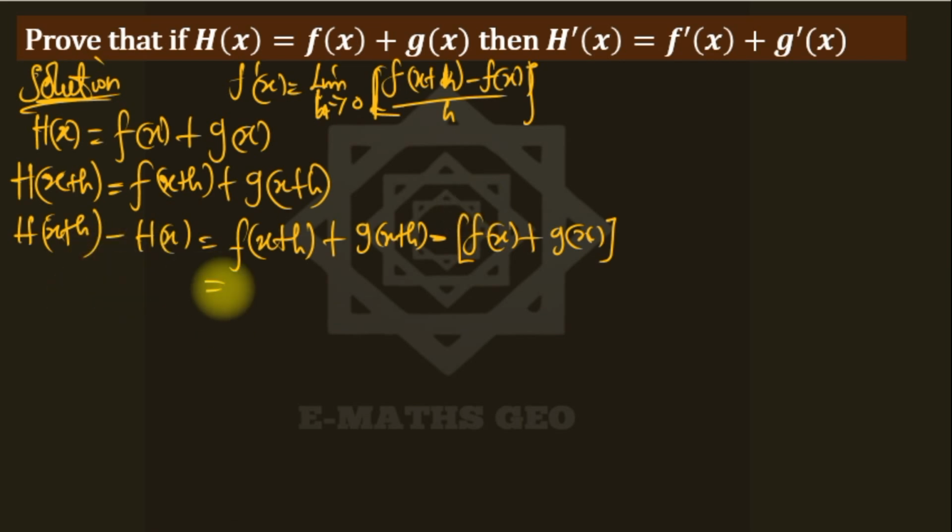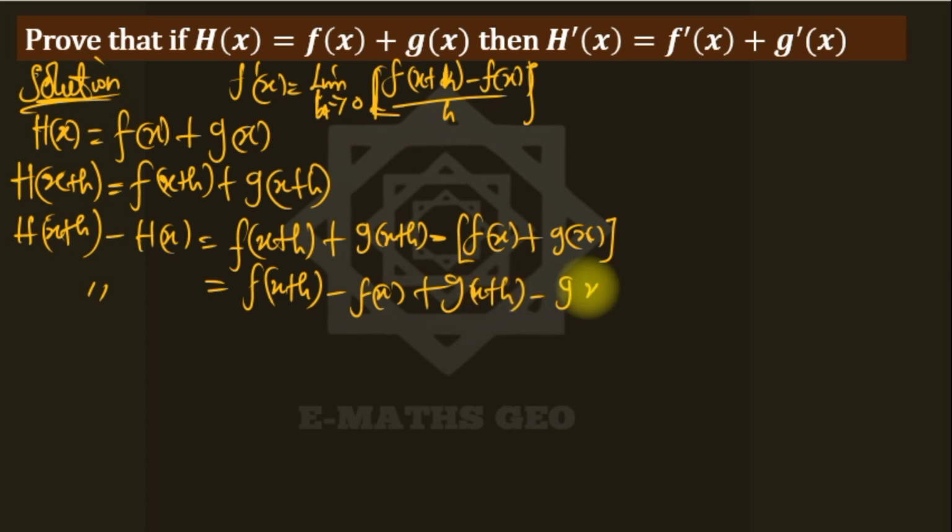And here we can bring this to this side. So I've opened the bracket, that's minus f of x minus g of x, but I now group it, the ones with f, the function f, and function g.